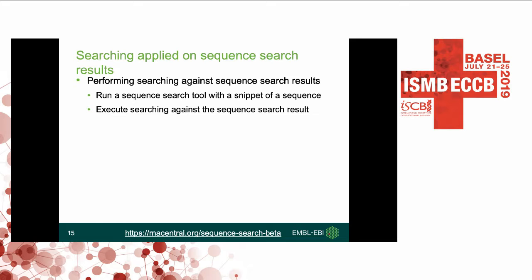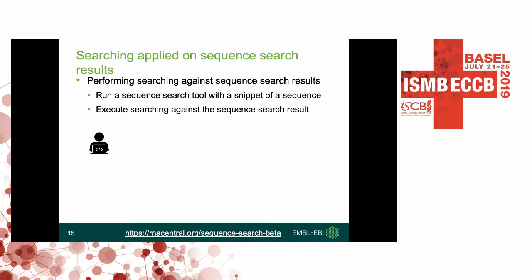Users can input a sequence and trigger the sequence similarity search, and RNA Central runs the tool and gives back the result on the web interface. What they wanted to add to this feature is a way to filter the result, like applying facets onto the normal text search result. So we worked together and implemented it, and I will explain how it works.